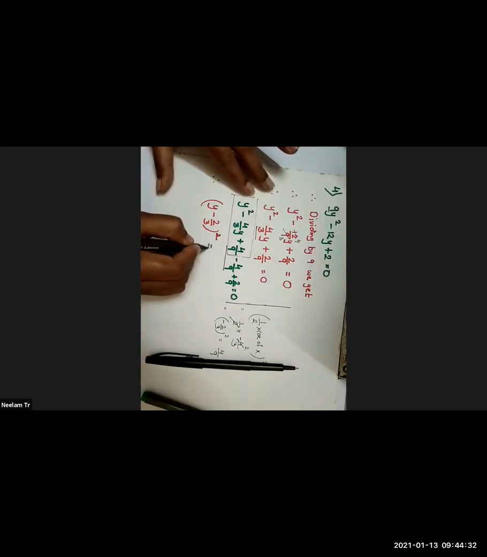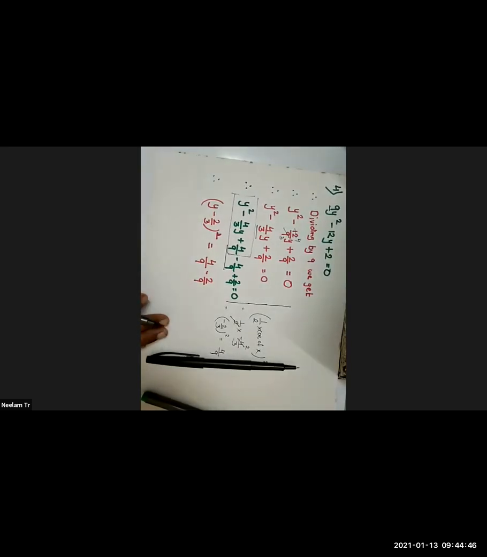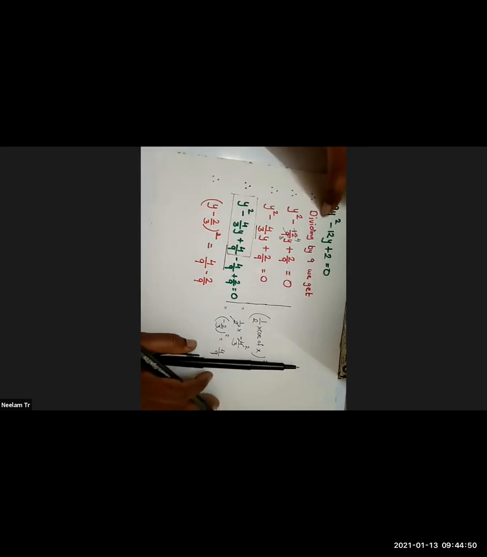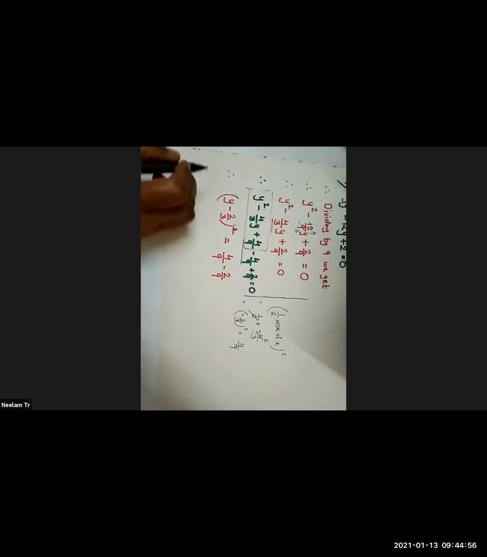Okay? When this minus 4 will go to the right hand side, it will become plus 4 by 9. And this plus will become minus 2 by 9. This much is clear? I hope this much is clear to you all. You're preparing for 3 marks question.